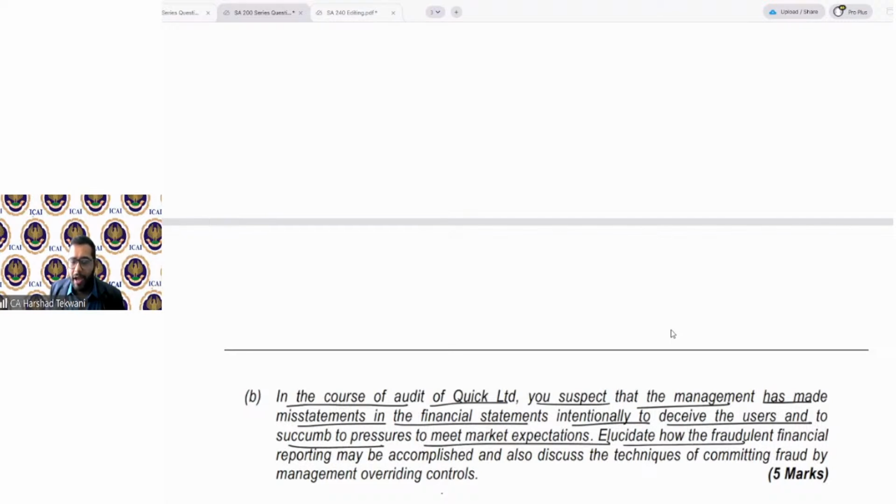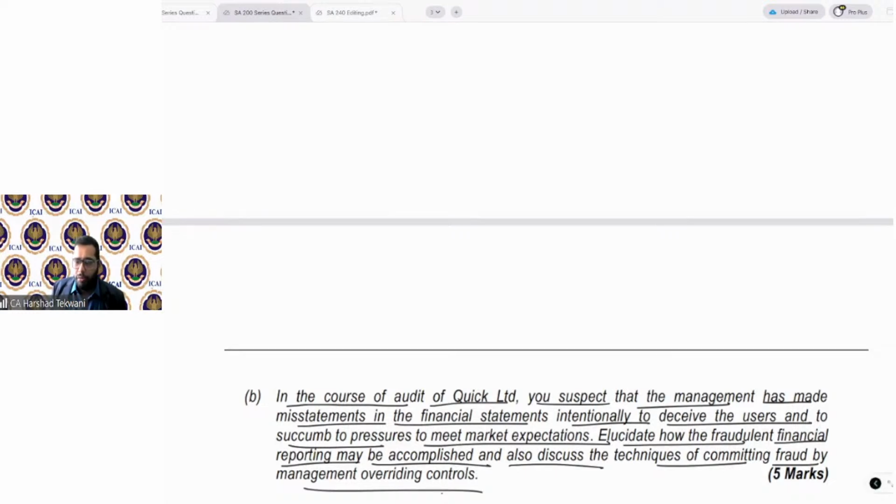Elucidate how the fraudulent financial reporting may be accomplished and also discuss the techniques of committing the fraud by the management override of controls. How management can conduct a fraudulent financial reporting.